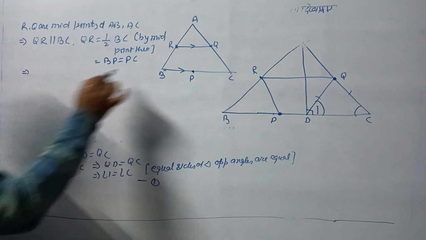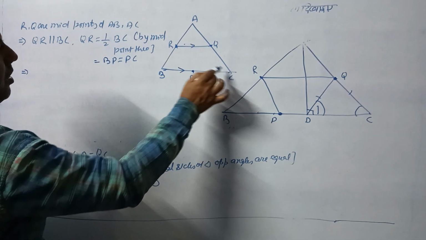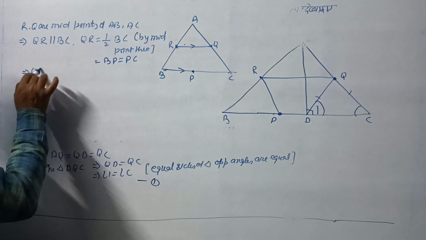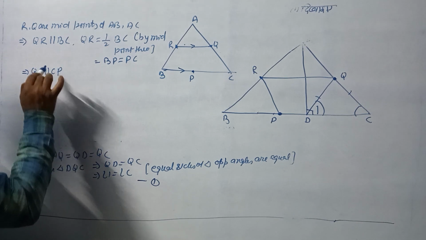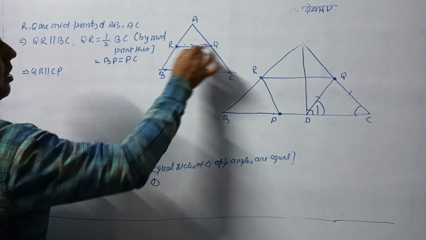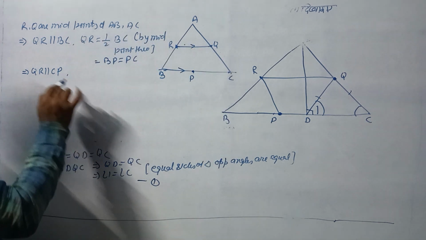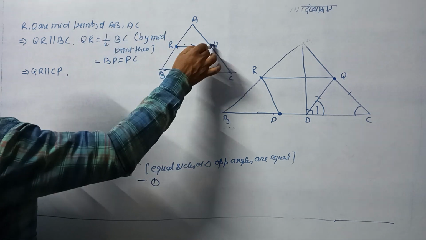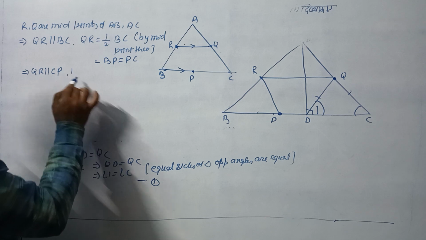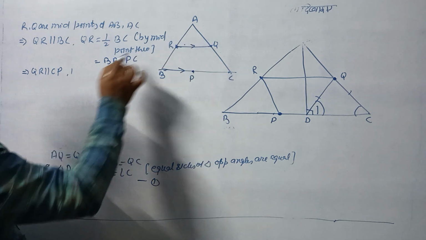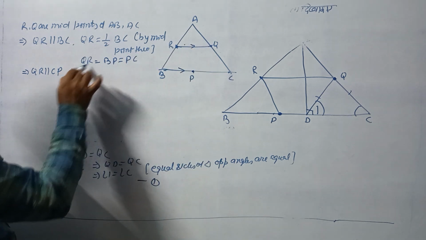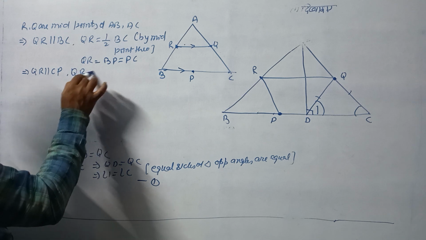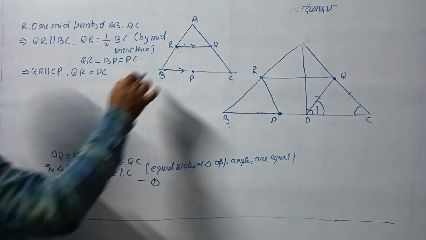Implied that QR parallel to BC, we can say QR parallel to CP, same line segment, and we observe that QR equal to PC. Okay, join it.